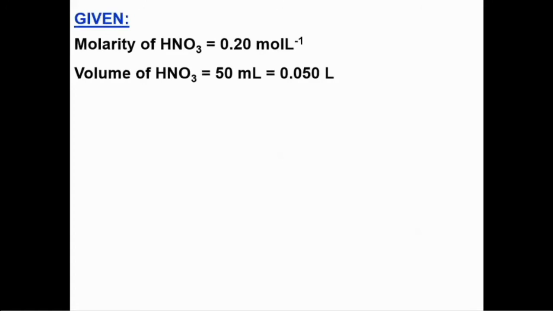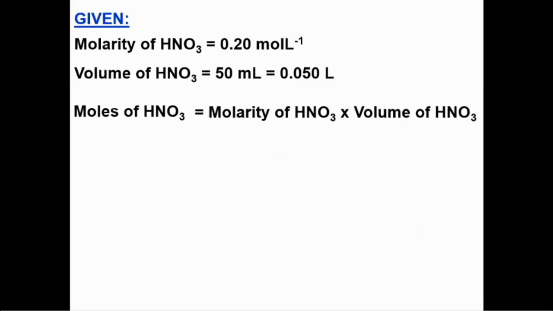Next, we are going to determine how many moles of nitric acid are used in this reaction. Since nitric acid here is in the form of a solution, we are going to use the molarity given and the volume given to determine its mole. Using the formula, moles of nitric acid equals molarity of nitric acid multiplied by the volume of nitric acid.